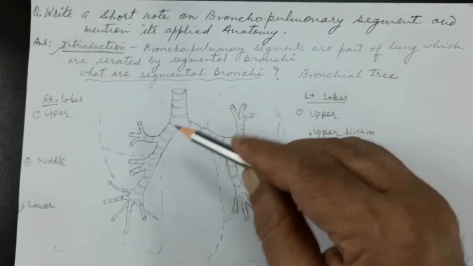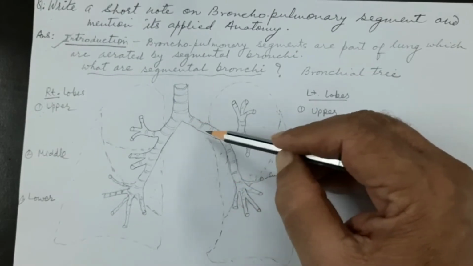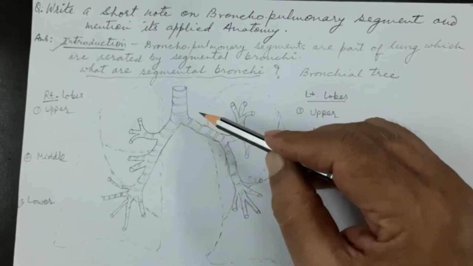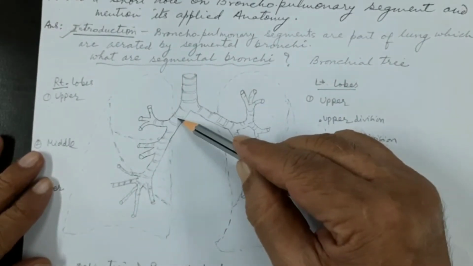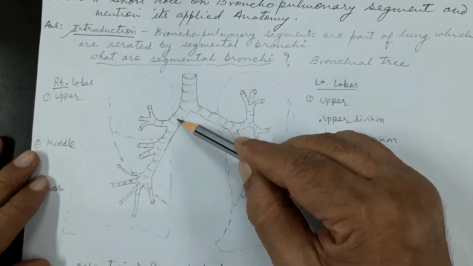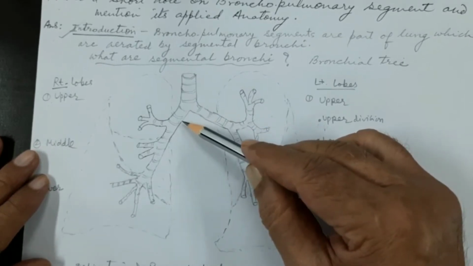At the lower margin of the fourth thoracic vertebra, it divides into two principal or primary bronchi. This is the right principal bronchus, and this is the left principal bronchus. See this, it is dividing.